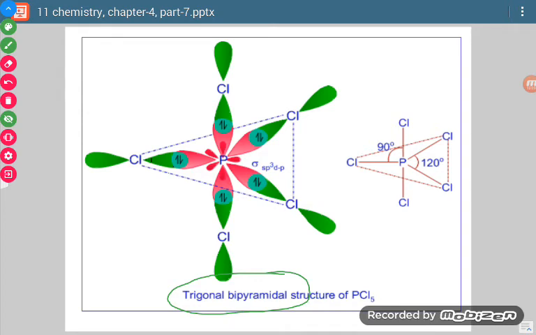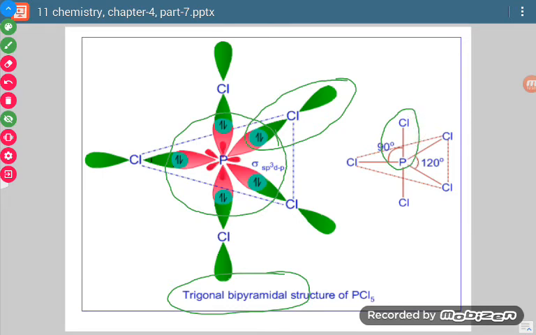See, this much was phosphorus, where 5 sp3d hybridized orbitals were present in the phosphorus atom, and these orbitals of chlorine containing one half filled orbital, meaning one electron with opposite spin, have undergone head-on overlap with sp3d hybridized orbitals, and there is formation of one sigma bond.